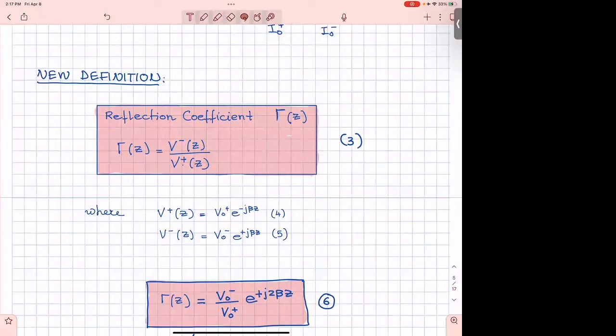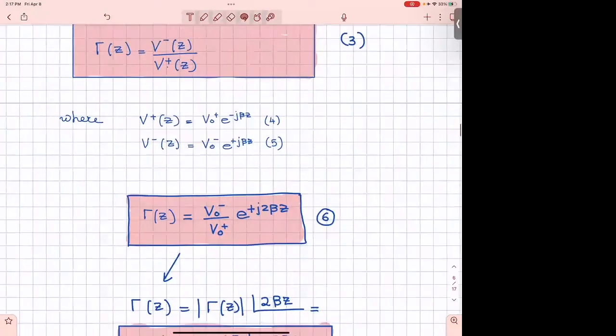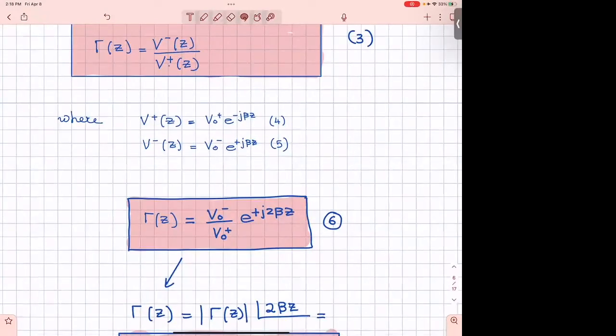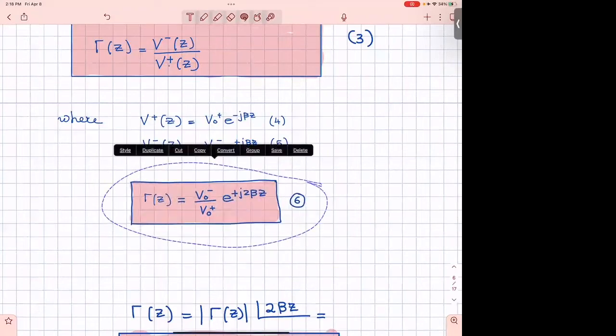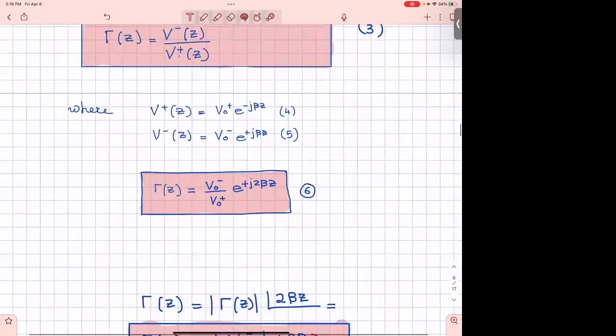So now, if I take 4 and 5 and I put those into 3, what do I get? I get this new expression for the reflection coefficient everywhere on the line. All right, this happens everywhere on the line, at every Z point on the line. I see the reflection coefficient to be the ratio of these two constants times an exponential. Okay?